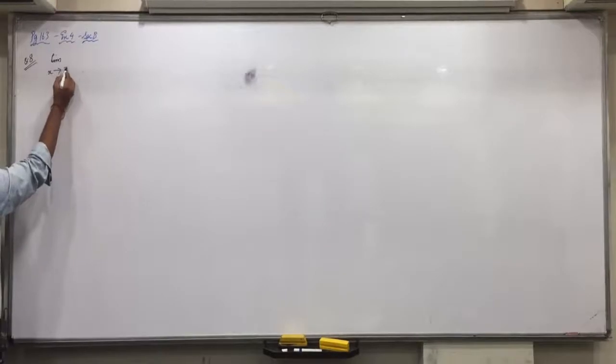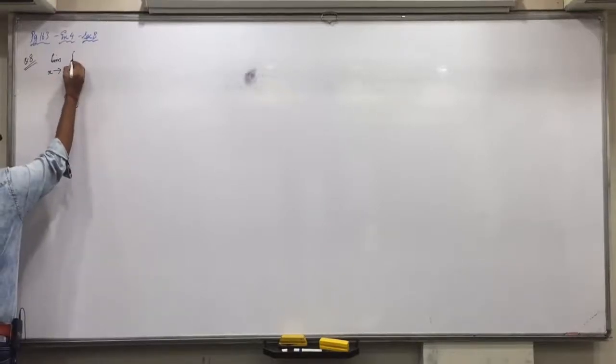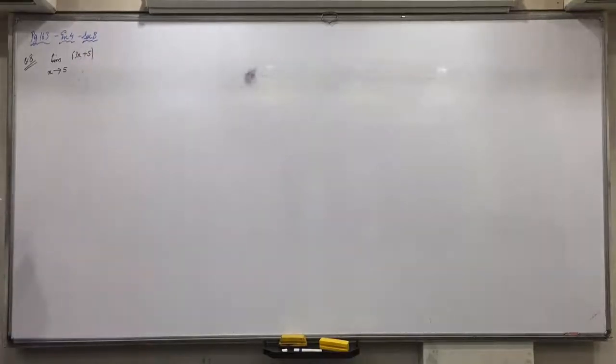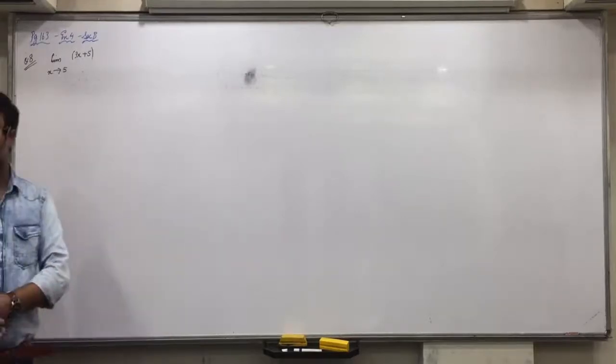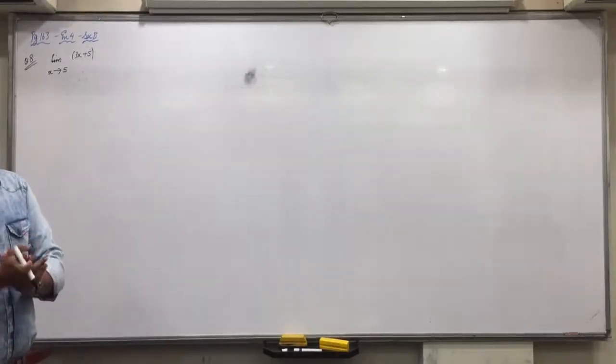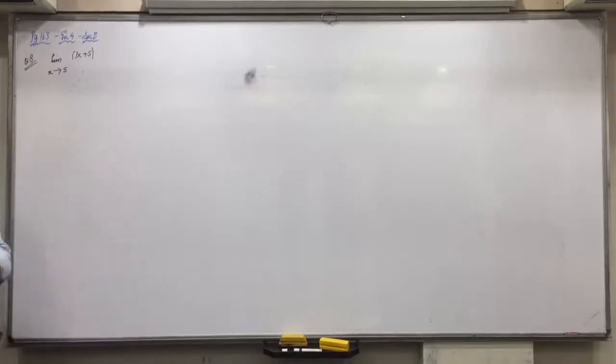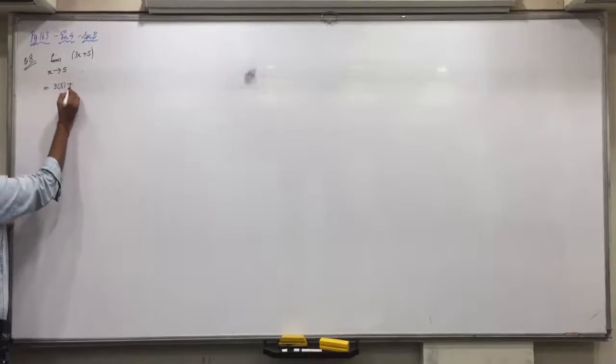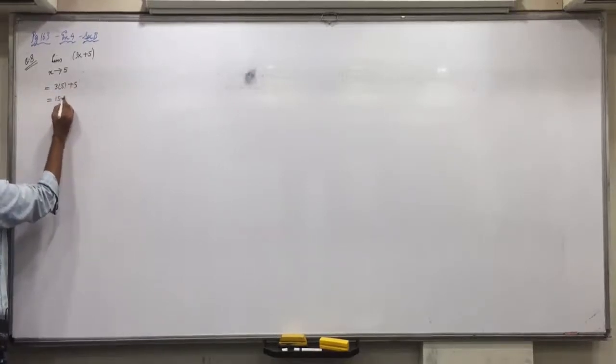Find the value of limit x tends to 5, 3x plus 5. Now don't stress your mind thinking how would we factorize 3x plus 5. Directly your answer is 3 into 5 plus 5, 15 plus 5, 20. Over.